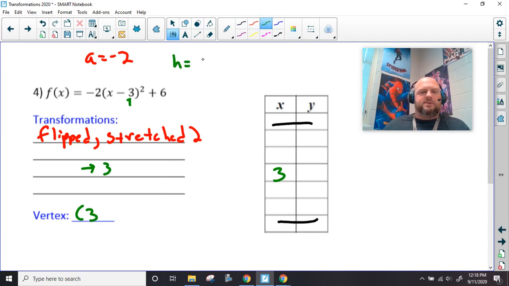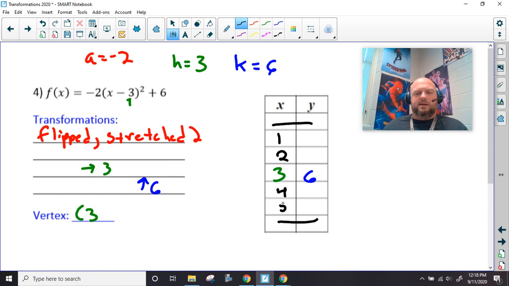So my H value is actually +3. My K value is 6. So this means up 6. All right. So 1, 2, 3, 4, 5. All right. So my A value, well, this is 1 times -2, which equals -2.